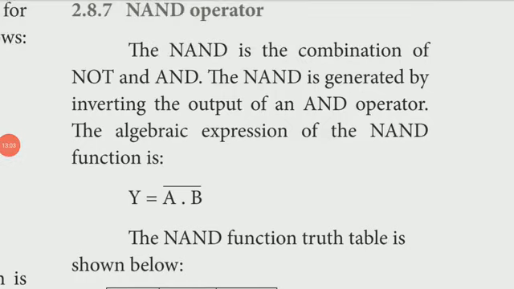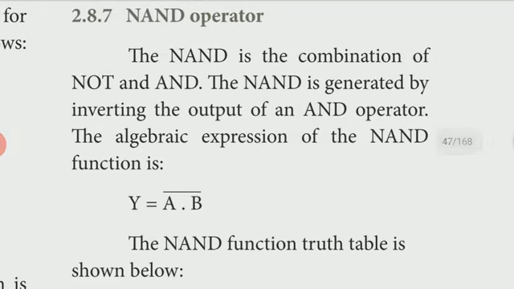The next one is the NAND operator. It is a combination of AND and then NOT. First AND and then NOT, that is, the opposite of the AND operator is the NAND operator, N-A-N-D. So, that expression we can write as y equal to A dot B the whole dash. Whatever answer we got for A dot B, we have to take the opposite of that.